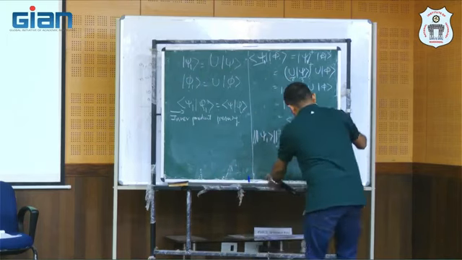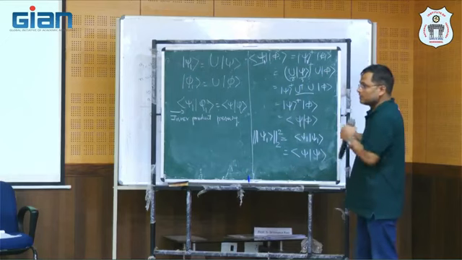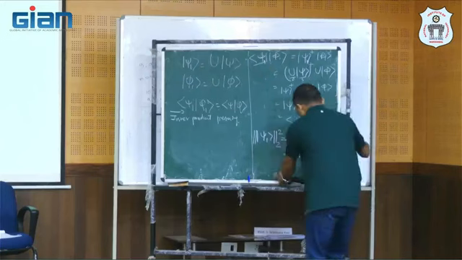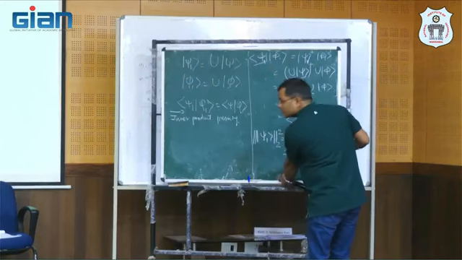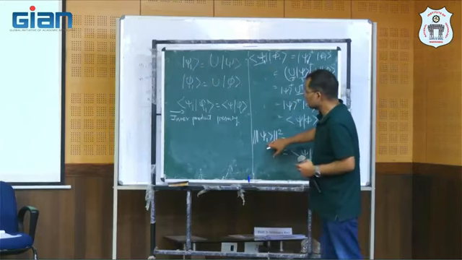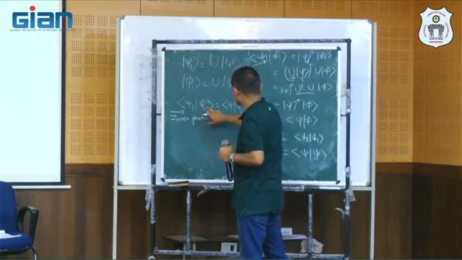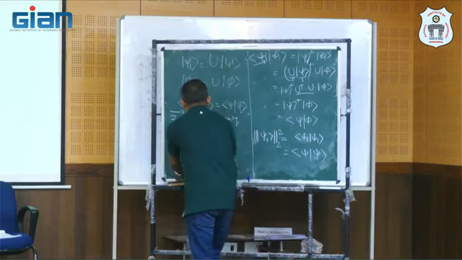Why? You see that why? Just put phi 1 equal to also psi 1. On the left hand side, put phi 1 equal to psi 1. What are you going to get?